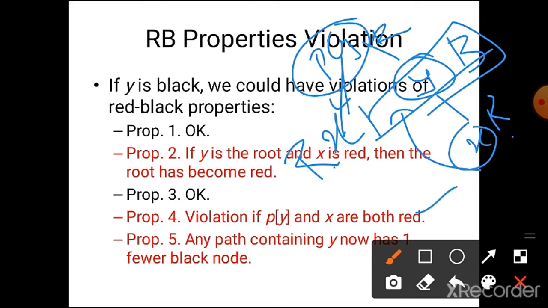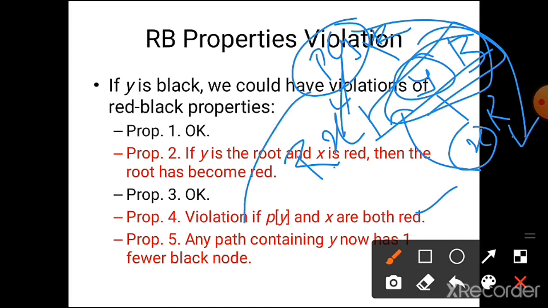Next, any path containing y now has fewer black nodes, because if we remove this black node from here, the number of black nodes in this path will be reduced by 1. So all remaining paths have more black nodes than this path.